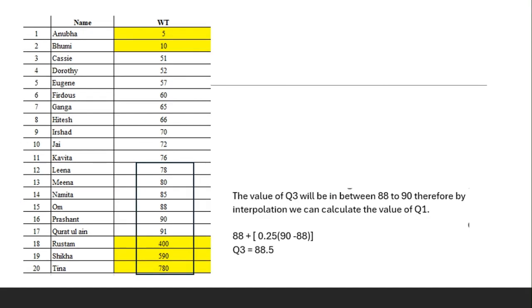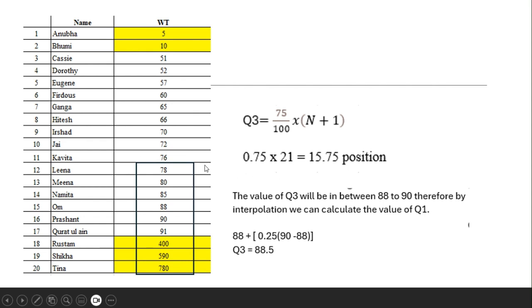So here I can see the values of Q3, and I have highlighted those values. I can very easily find out where this value lies. So here is a way of finding the value. Q3, which happens to be the 75th percentile, comes out as the 15.75 position. 15.75 position means that right from here I have to come till the 15th, where the name of the participant is Om.